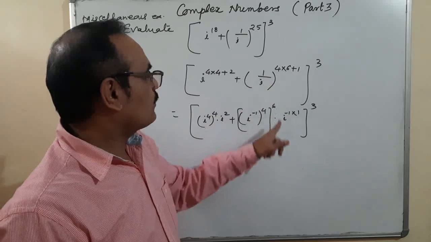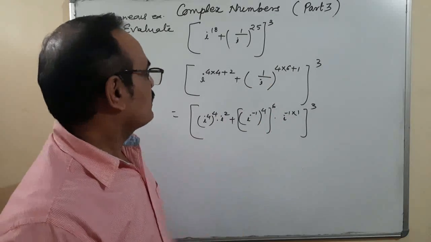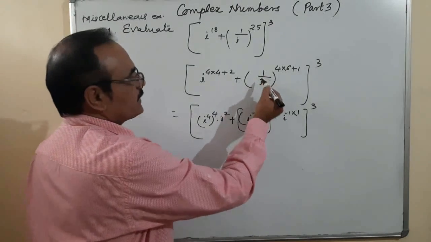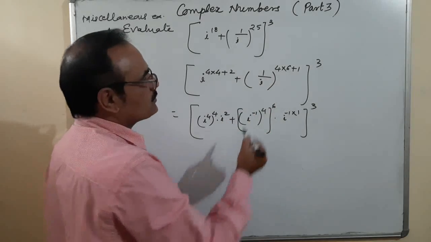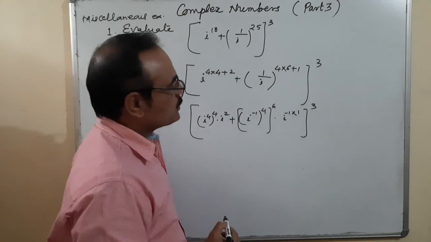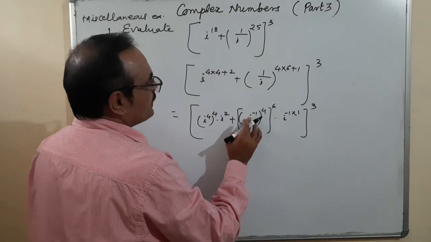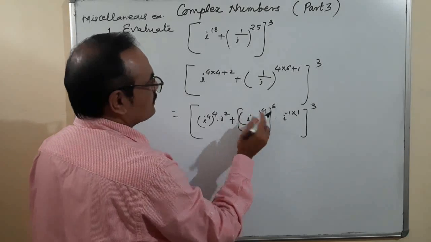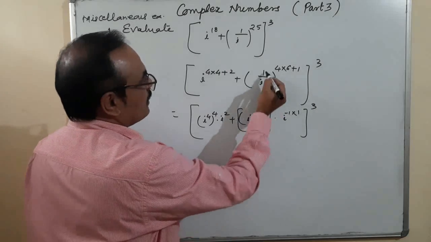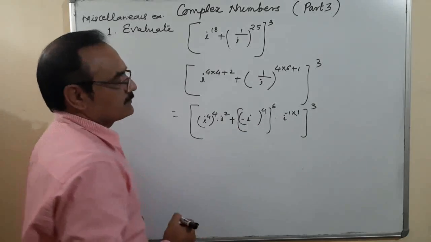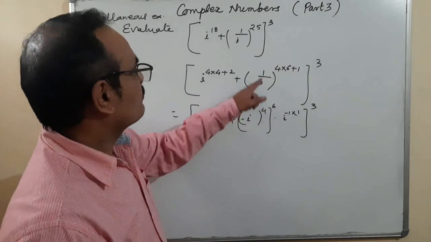By the way, we'll rationalize the term, multiplied and divided by i, so it is i upon i square, which means minus 1. So simply I can write this term as minus i.